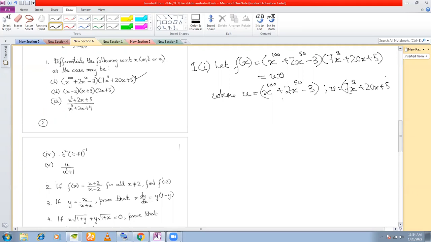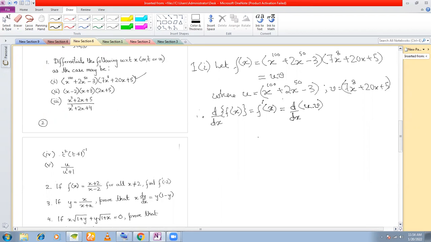So if you want to find out the derivative, d/dx of f(x) is equal to f'(x). Let me write f'(x) first. d/dx of f(x), the same as f'(x), is equal to d/dx of, now what is f(x)? f(x) is u into v.